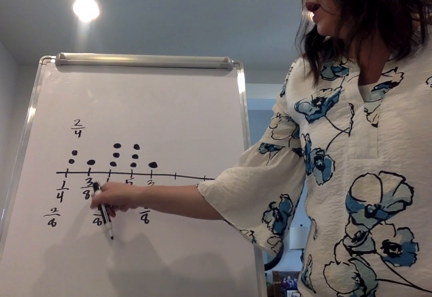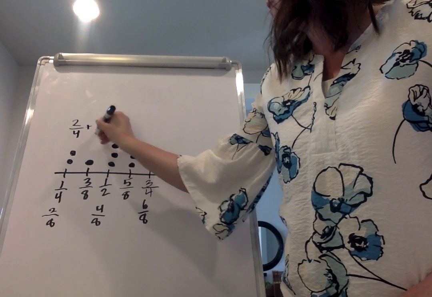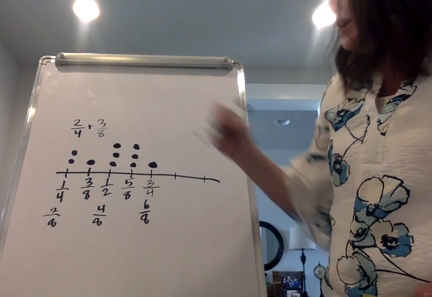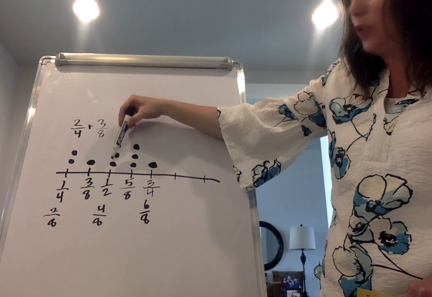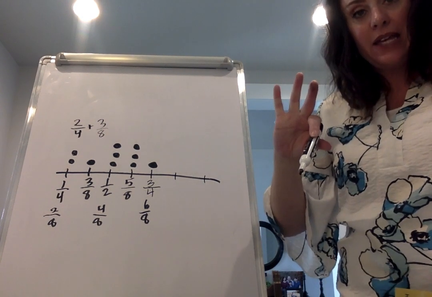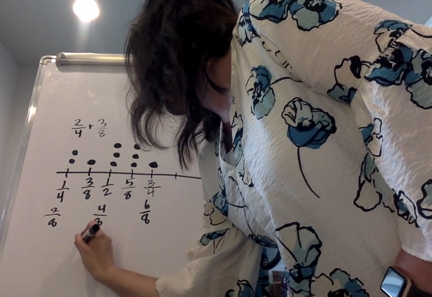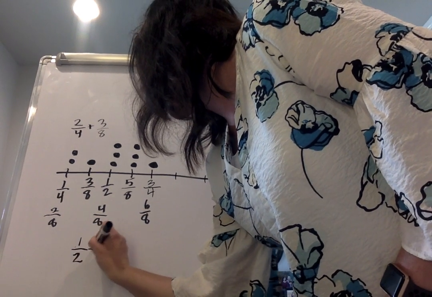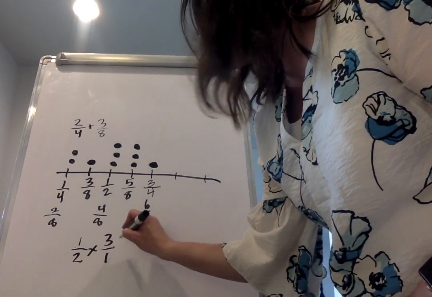Now, I just have 1 3/8, so I can leave that. So we're going to leave 1 3/8. Okay. Now I've got a half times 1, 2, 3, right? There were 3 days that he ate a half a cup. So I'm going to do 1/2 times 3, 3 over 1, because I'm in fractions.